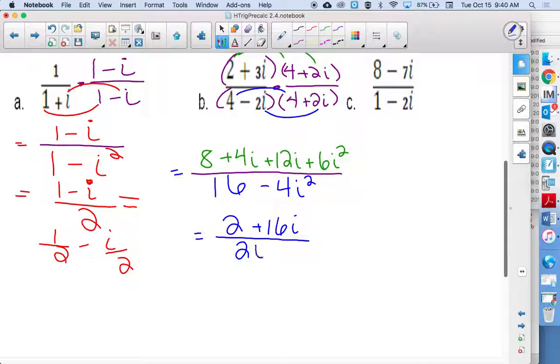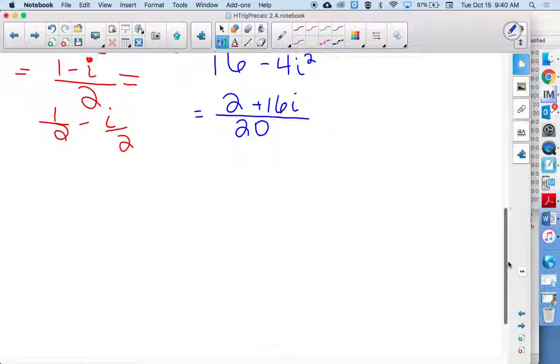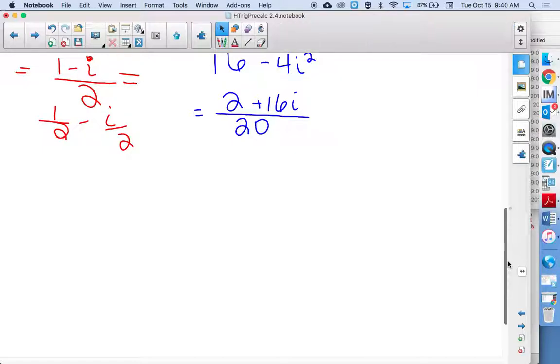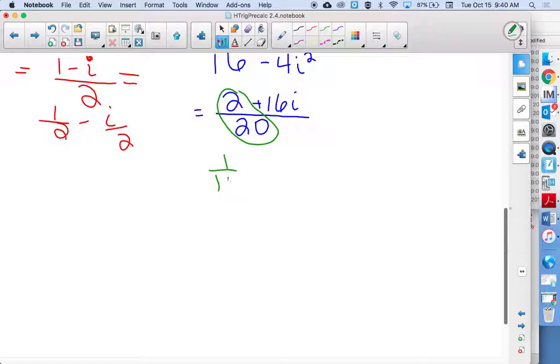Nice, 20. So when you simplify this, remember this is not standard form. We have 2 divided by 20, which becomes 1/10. And then we have 16i divided by 20. What's that?